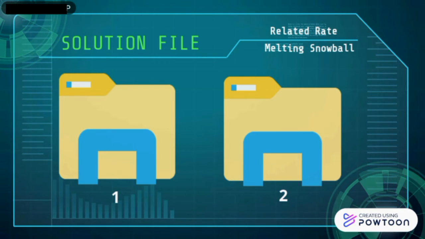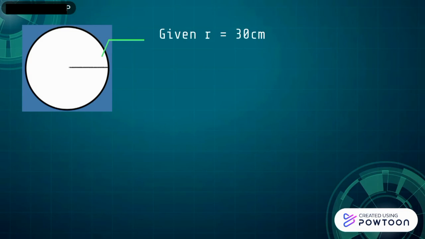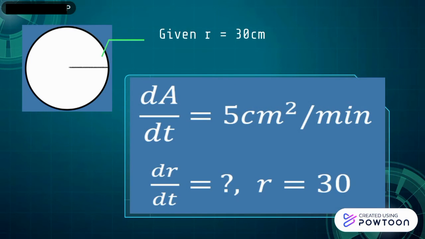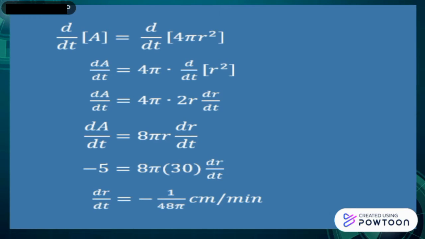Let's proceed to solution number 2. Given that r is equal to 30 centimeters. For question 2, the first step is similar to question number 1. Substitute the value of A into the equation, the derivative of A with respect to t.